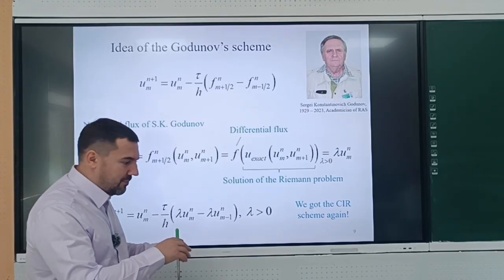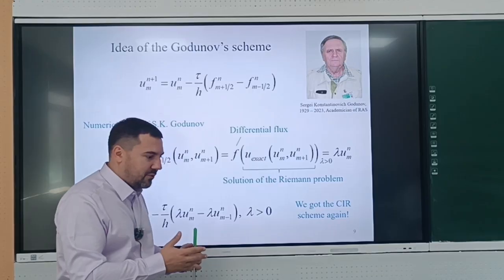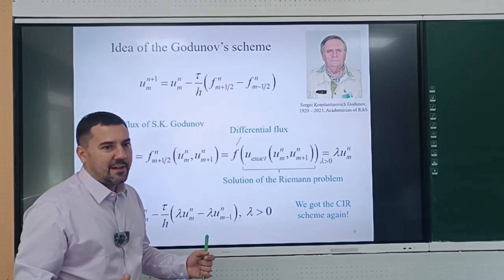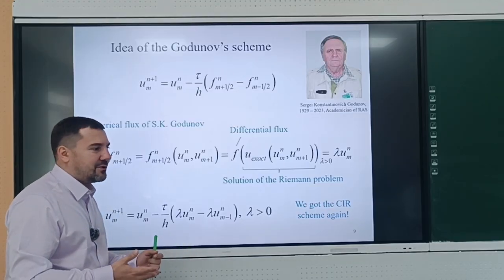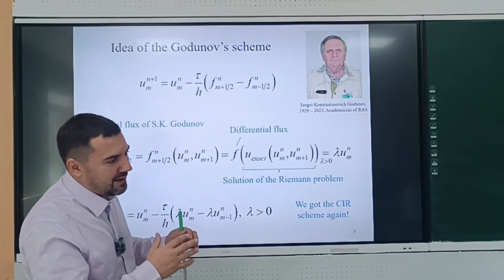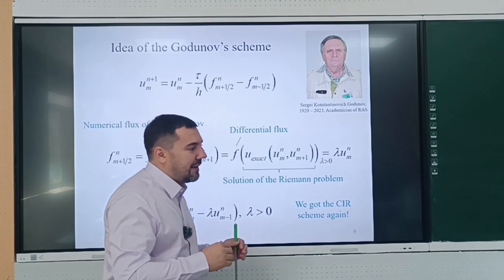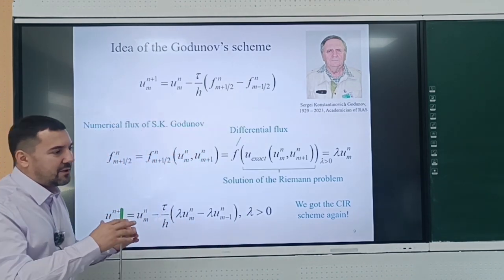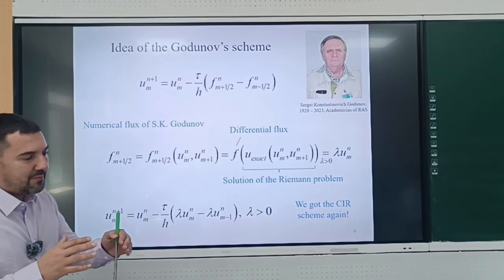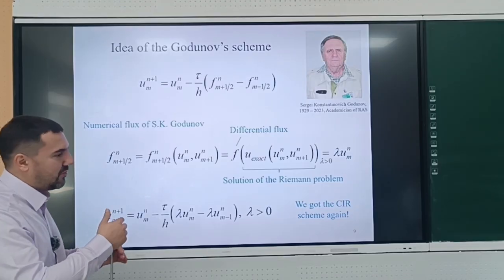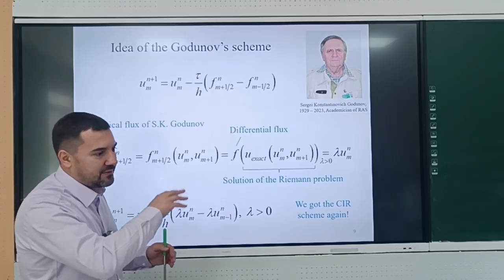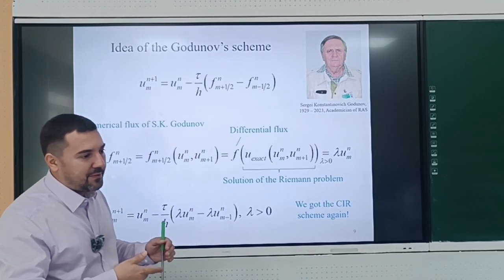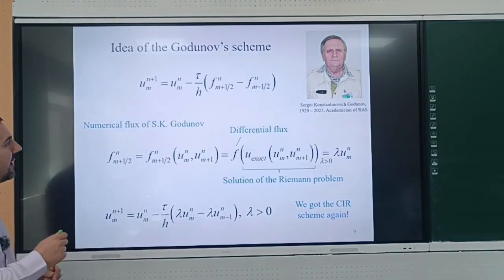At that time it was very important how you write a code, because computers didn't have enough memory or speed, and you should write your code very carefully. From a practical point of view, some quantities were combined in some combinations. He realized that these quantities looked like some combinations from gas dynamics. Then he understood that his scheme can be interpreted as the solution of a Riemann problem.